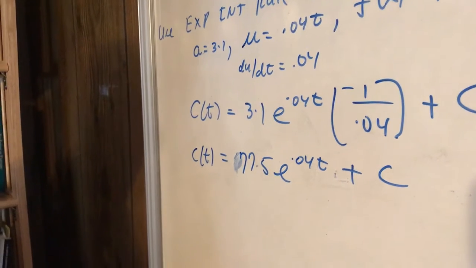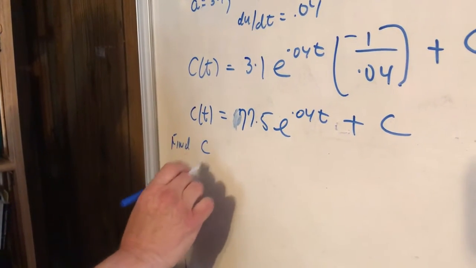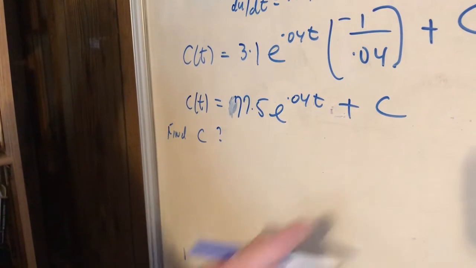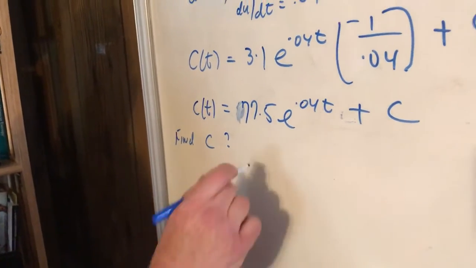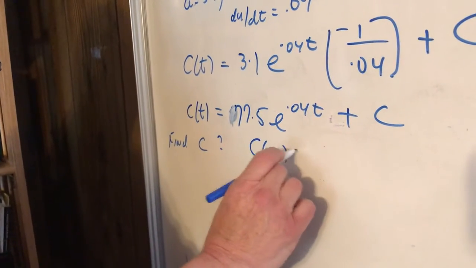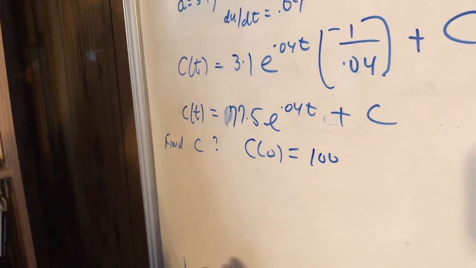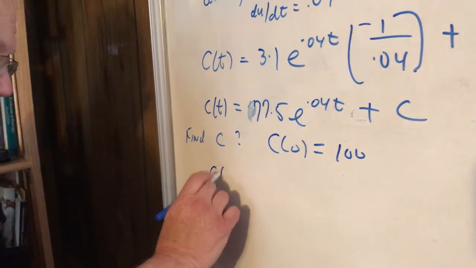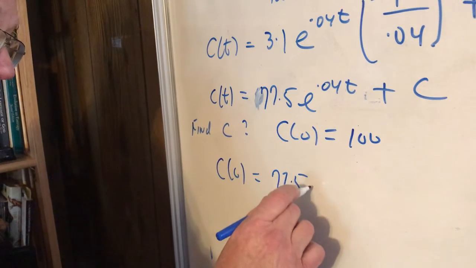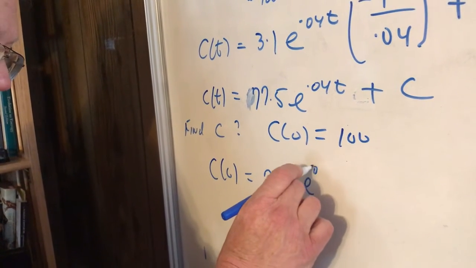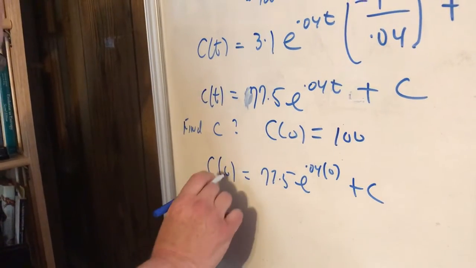Well, we're not finished yet. We want to find c. That's this c. All right, well, I'm given that when t is 0, the value of C is 100. So make t equal 0: 77.5 e to the 0.04 times 0, plus c.